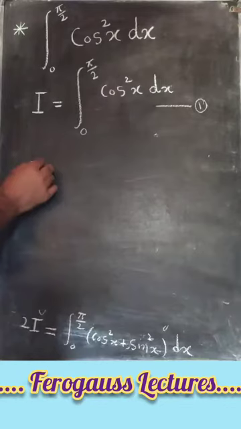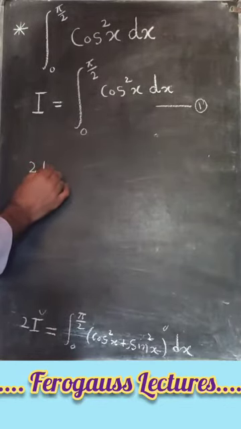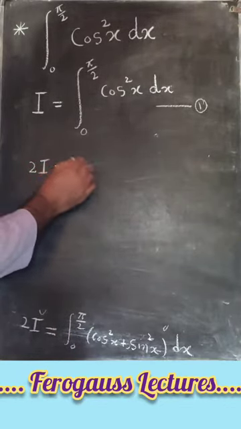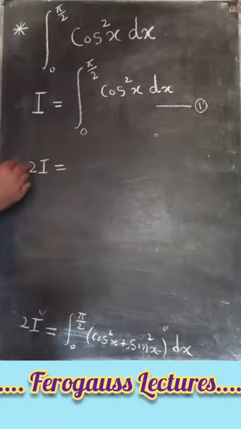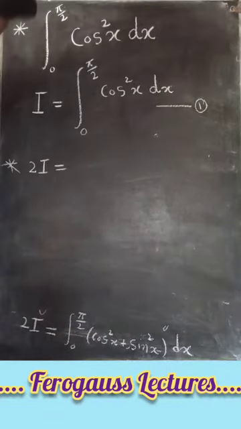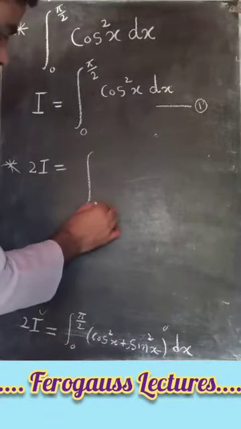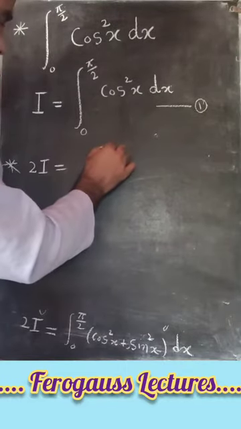Thus we get 2I is equal to integral 0 to pi by 2.